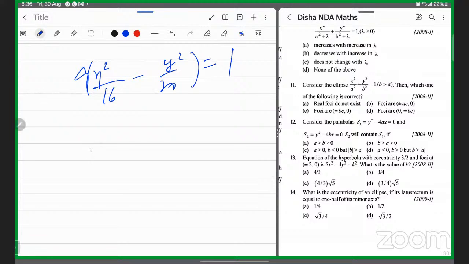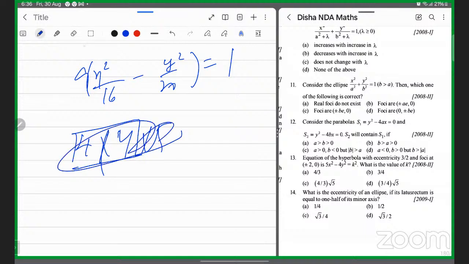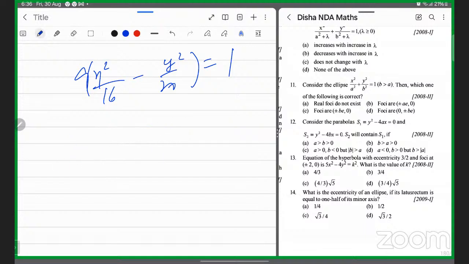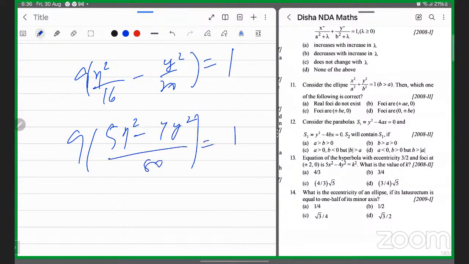So here you should get 4. 4 4 is 16. 4 4 5, 16 5 is 80. How you said 160? Answer 3 sir. 4 by 3. 4y square 80 is equal to 1.